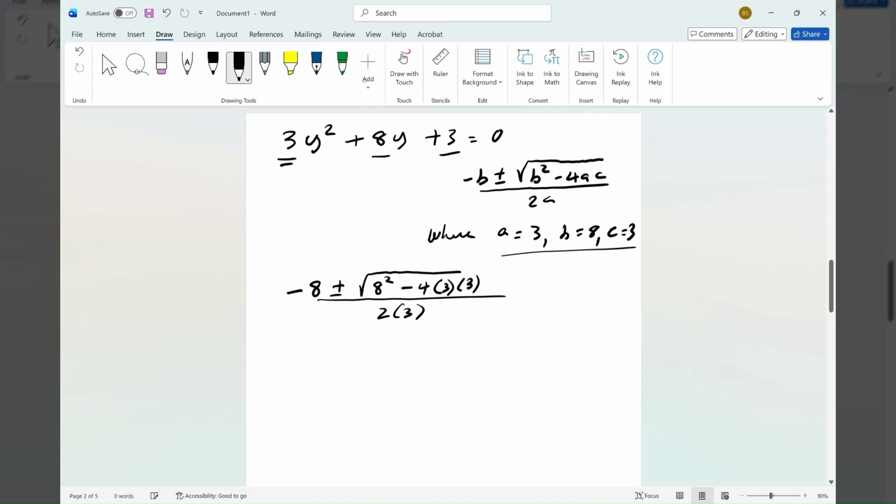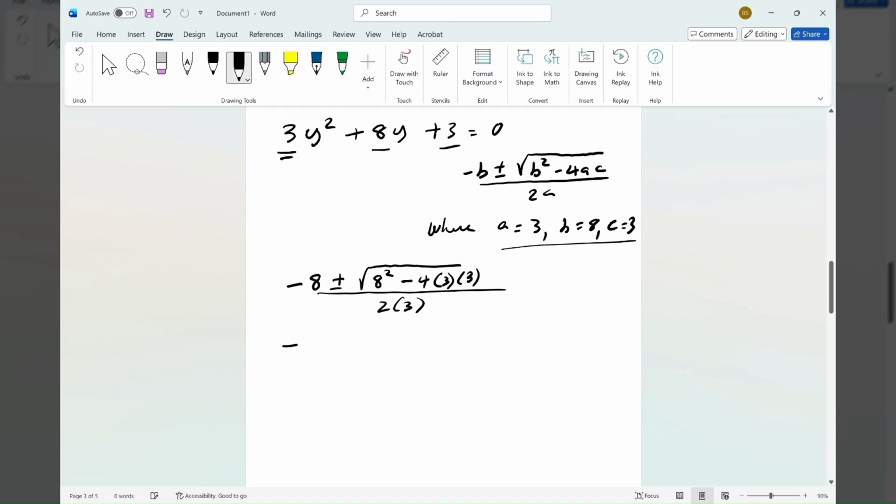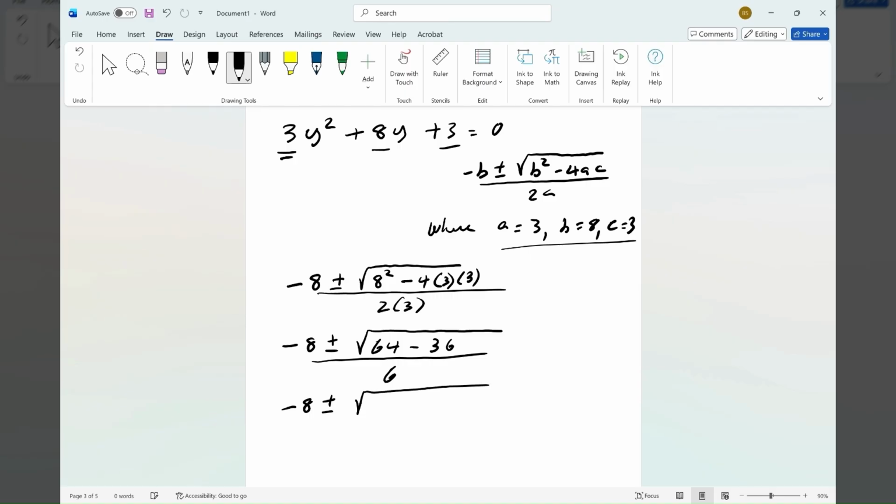And now we are left with negative 8 plus or minus the square root of 8 squared is 64 minus 4 times 3 is 12 times 3 is 36, divided by 6. Now we can move on further and say negative 8 plus or minus the square root of 64 minus 36, that becomes 28.